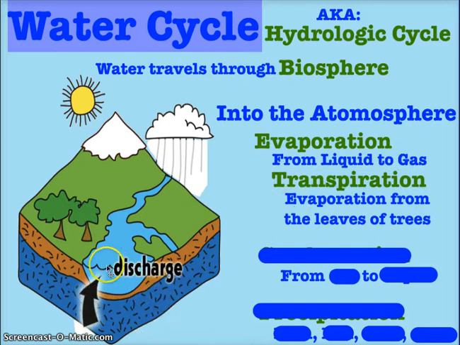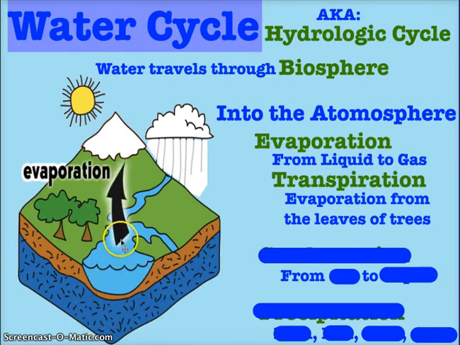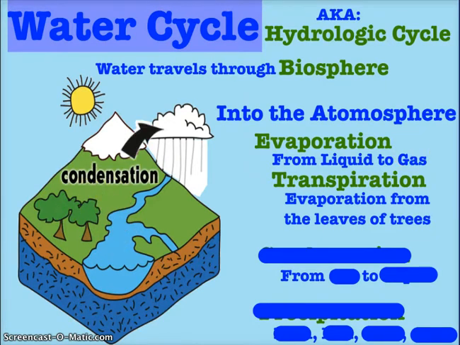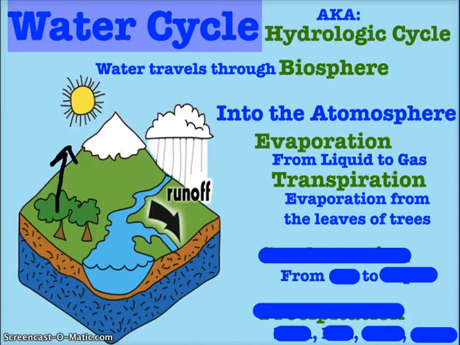Evaporation can also take place in the leaves of trees, and this is called transpiration. So if you look at this diagram, this body of water, so a lake, a puddle, any type of surface water will evaporate. But if water goes from this tree into the atmosphere, that's called transpiration, okay? Now, once we're in the atmosphere, condensation occurs.